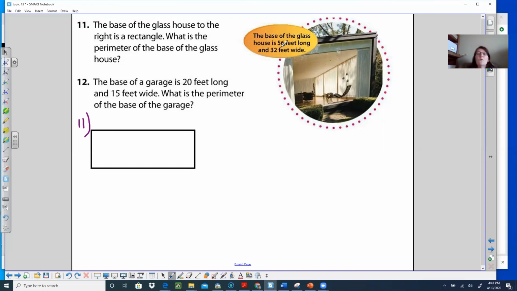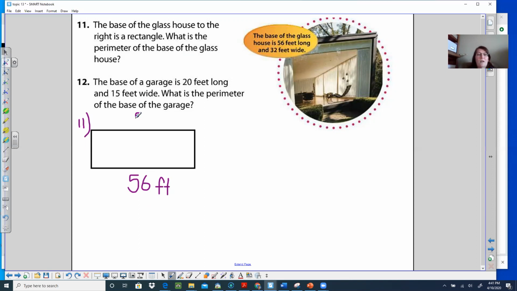So it tells me over here that the house is 56 feet long. So I'm going to label my longer side 56 feet. Now remember, opposite sides are equal and parallel.